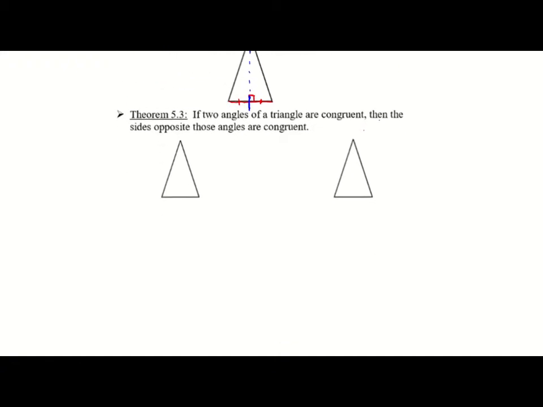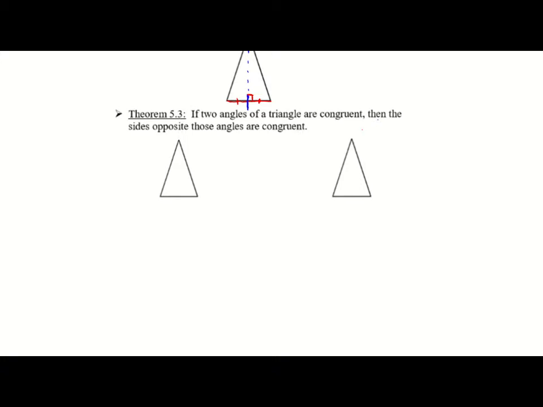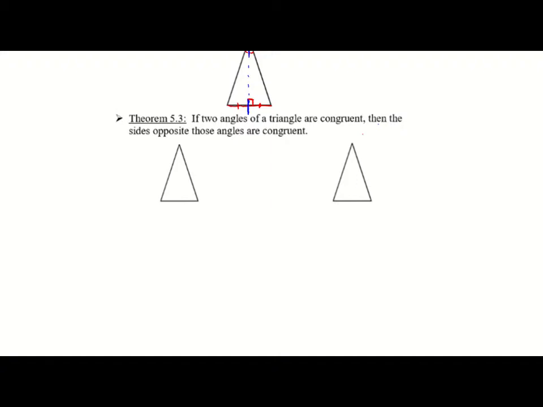Okay, my next theorem says that if two angles of a triangle are congruent, then the sides opposite to those angles are congruent. So that tells me that if I know that these two angles at the bottom of my triangle are congruent to these angles on my other triangle, then I know that the sides opposite those angles are also congruent.